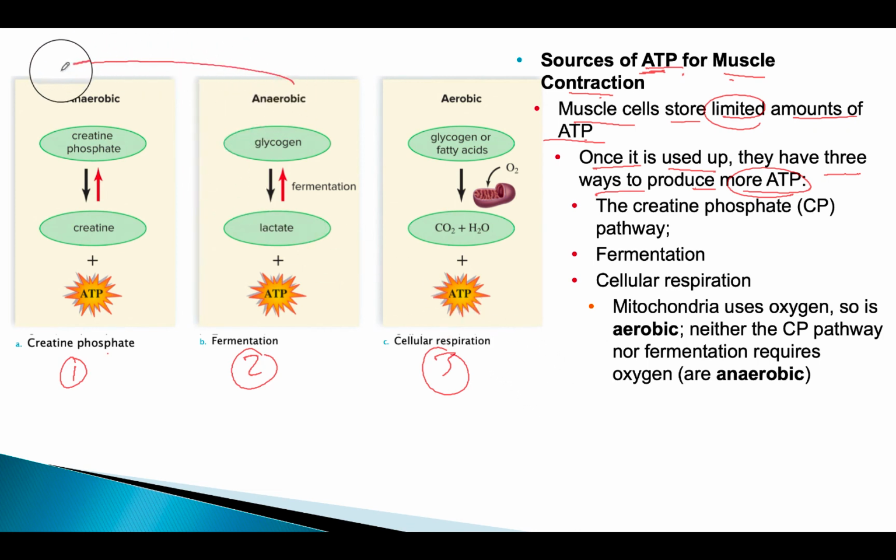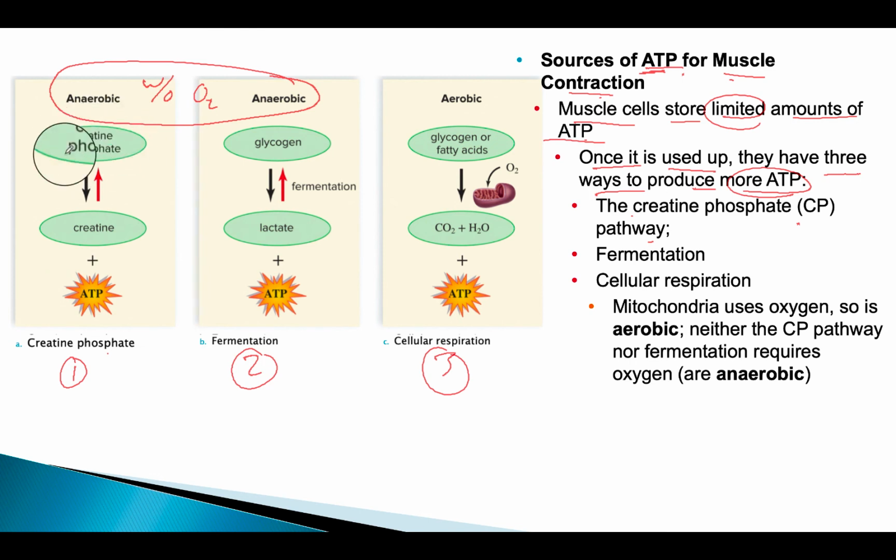The first 2 are anaerobic. What does anaerobic mean? It means without oxygen. So for the creatine phosphate pathway, we split creatine phosphate into creatine and ATP.